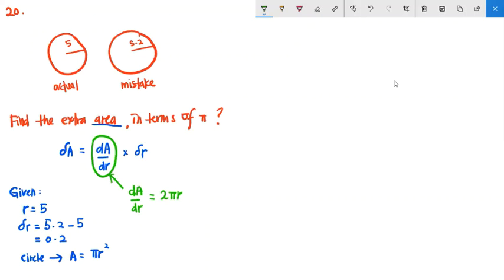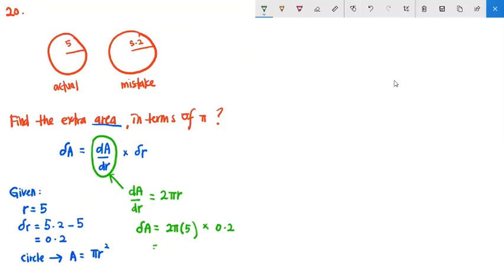Dan kita substitute lah semua dekat dalam equation ni, dA, okay, nak cari small change of area is equal to 2 pi r. r is 5 times small change of radius dia 0.2.